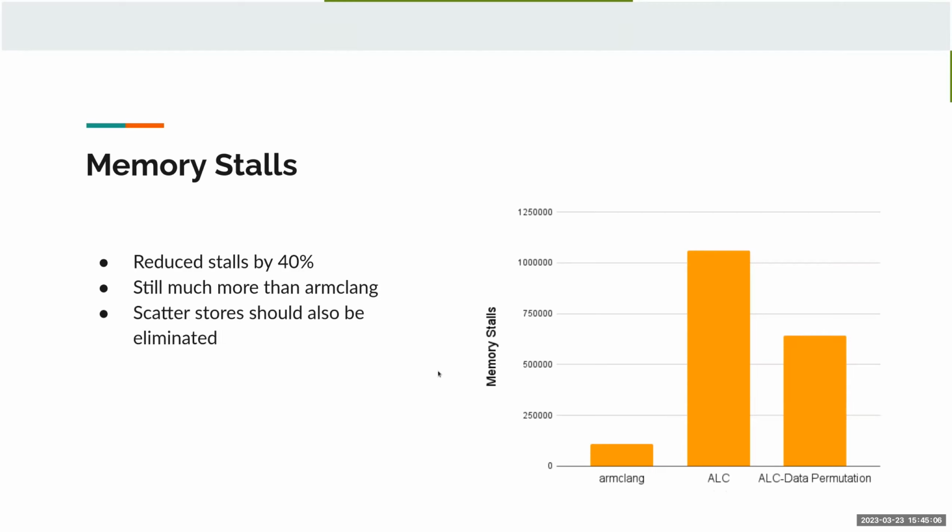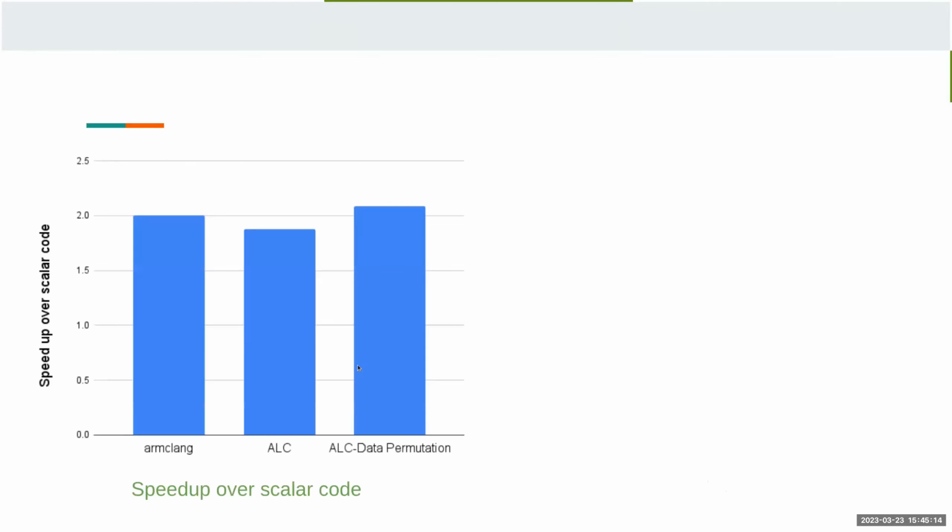But even with this 40% improvement in the memory stalls, we get a considerable improvement in terms of number of cycles. Here we see that the data permutation version of ALC not only works better than ALC, but it also now outperforms the ARMClang vectorization.